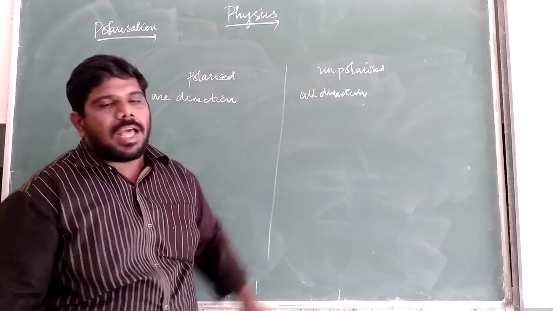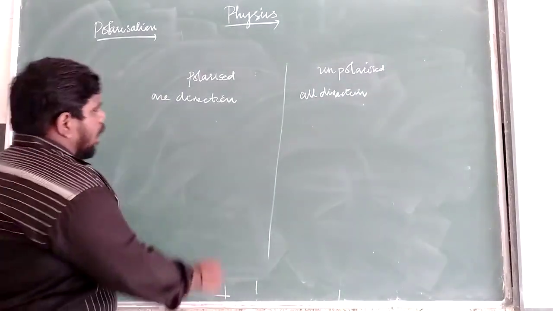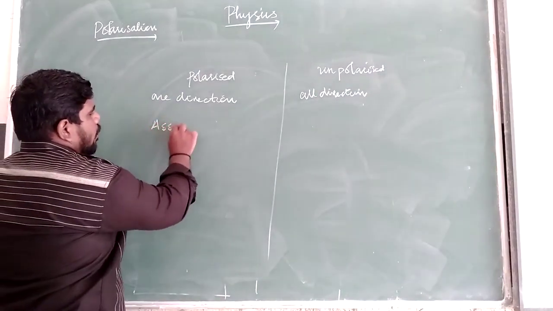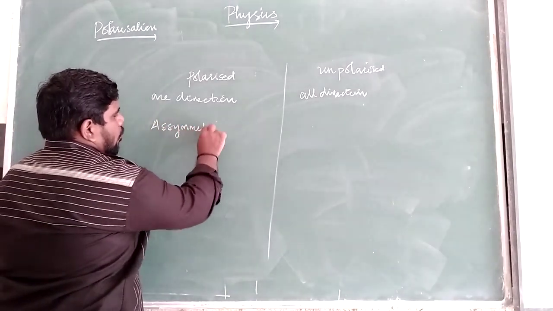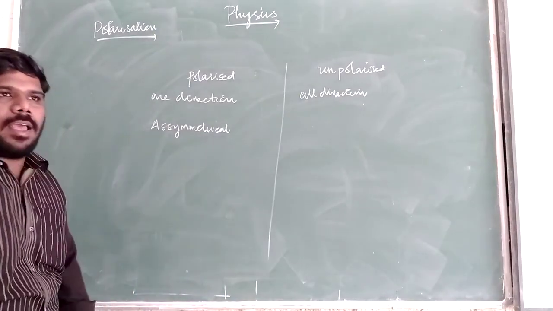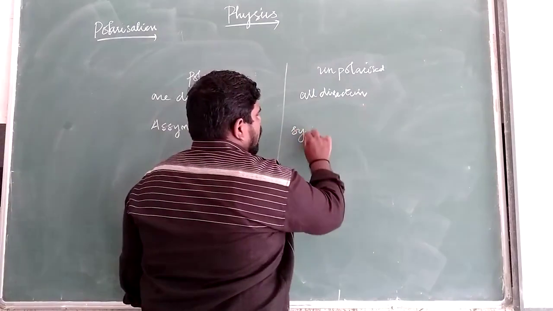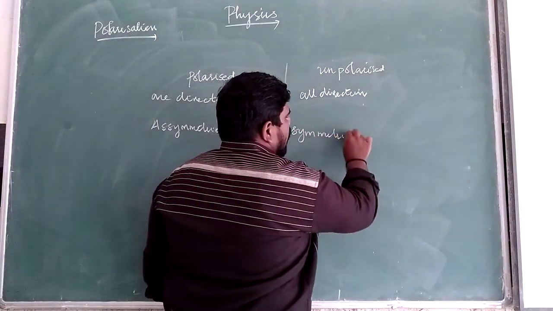Polarized light is asymmetrical about the ray direction, but unpolarized light is symmetrical about the ray direction.